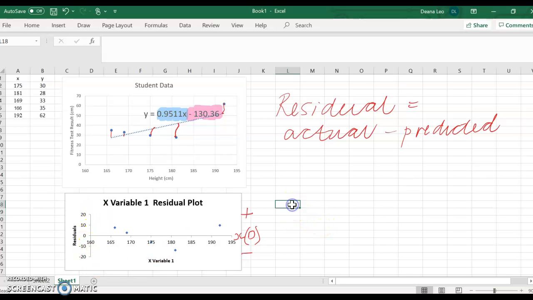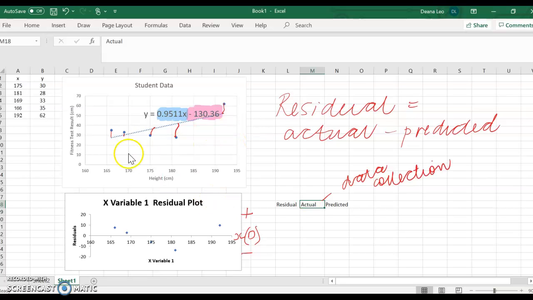All right, we're going to just go residual values equals actual values minus predicted values. I'm setting up a table here, okay? We have to work out our residuals. Our actuals are from our data. From our data collection, there were our actual results.